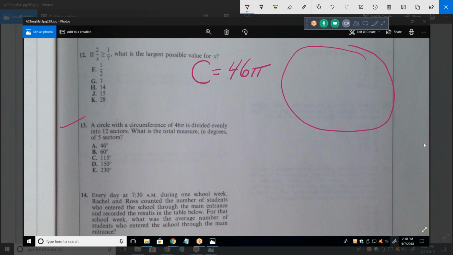What's the general formula for circumference? C equals 2 pi r. Okay, good. Very good. You need to know that. You need to know all your general formulas. And it's divided into 12 sectors.